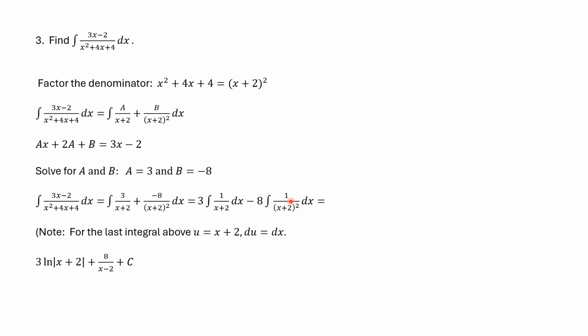By the power rule, it goes to u to the negative 1st power, so I get x plus 2, and then I get the negative 1 with the negative 8, so I got 8 over x plus 2 plus c. So don't get into the habit of saying I'm always going to get a logarithm.